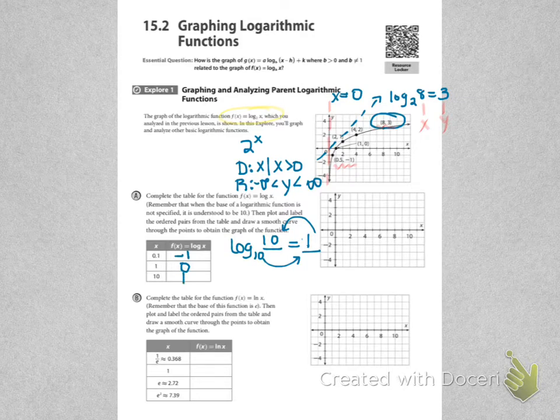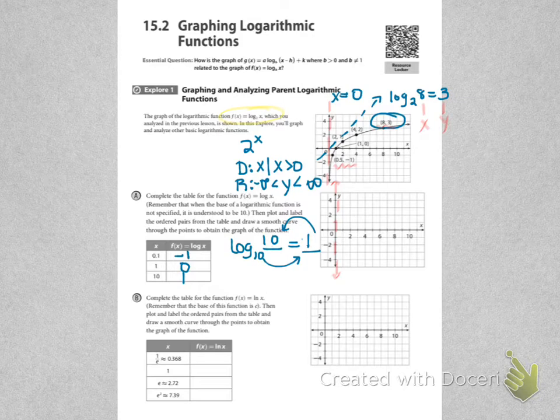So if we were to plot these points, it'd be kind of difficult to plot the 0.1 and -1, but we just get really close, since we know that there's an asymptote here at the y-axis, just like there was with the other log graph. We could plot really, really close to that, and then the -1 would be the output.